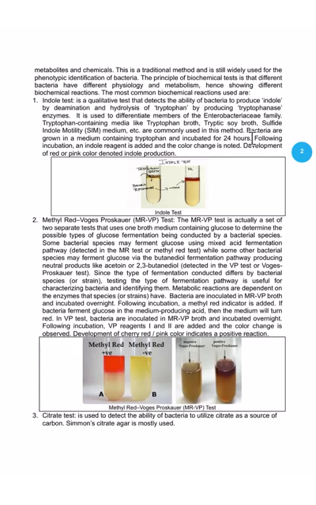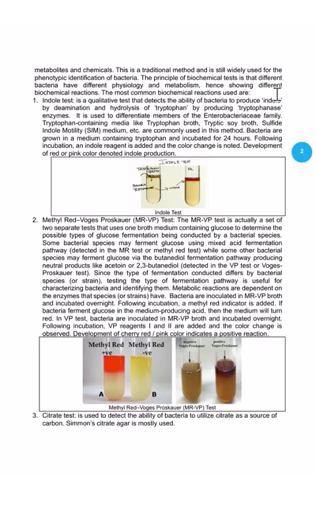The metabolic product of this hydrolysis is a chemical known as indole. So if you grow these bacteria in a medium that contains the essential amino acid tryptophan, and the bacteria has this enzyme tryptophanase, then it will hydrolyze the tryptophan and produce the chemical indole as a byproduct of this reaction.